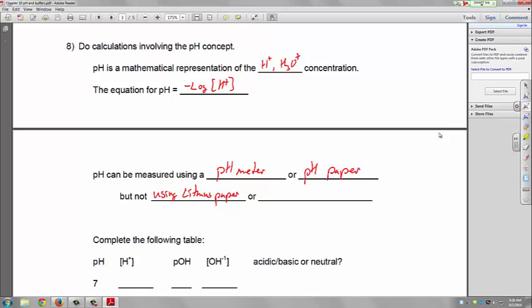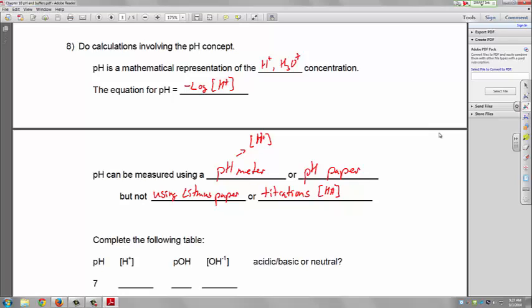Similarly, if you've done titrations before, acid-base titrations do not tell you what the pH is. However, they do tell you what the acid concentration is. So whereas the pH gives you an indication of how much hydrogen ion is present, a titration tells you how much of the acid is present.